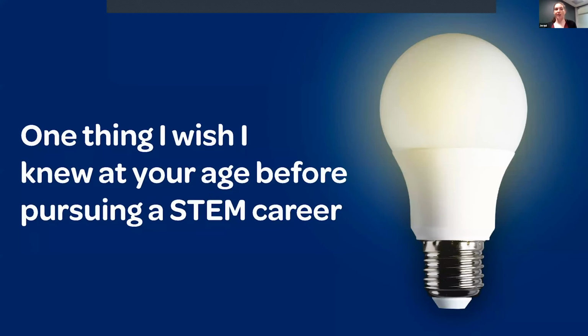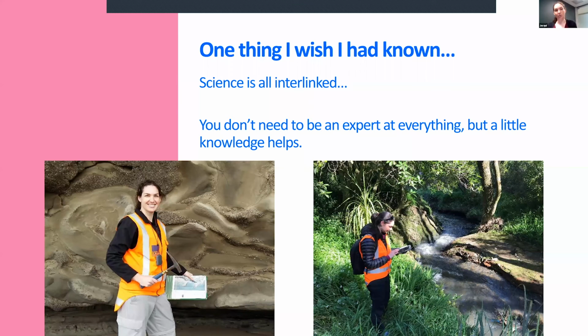So one thing I wish I knew at your age before pursuing a STEM career was that science is all interlinked. You don't need to be an expert at everything, but a little knowledge helps. Especially with what I'm doing now, one subject that would be very useful is actually biology, because the stream is not just the water, it's also the life that lives in it, and the stream banks and the whole ecology all creates that river system.